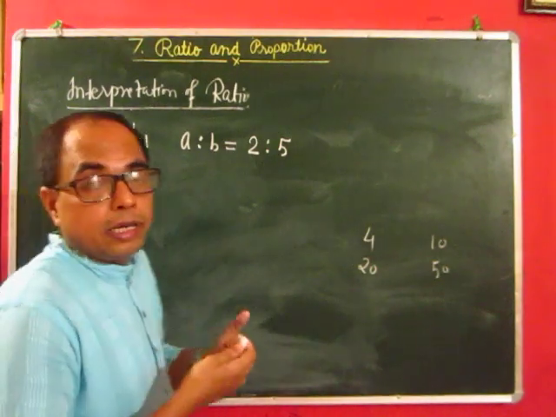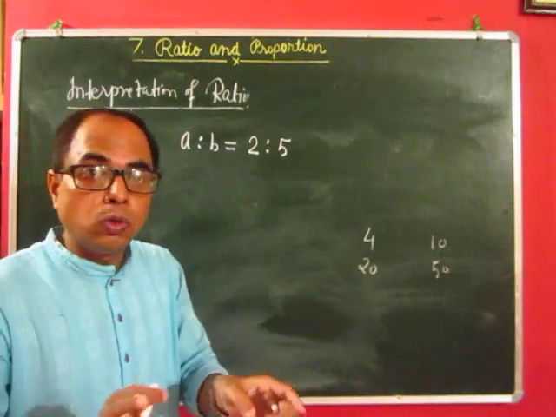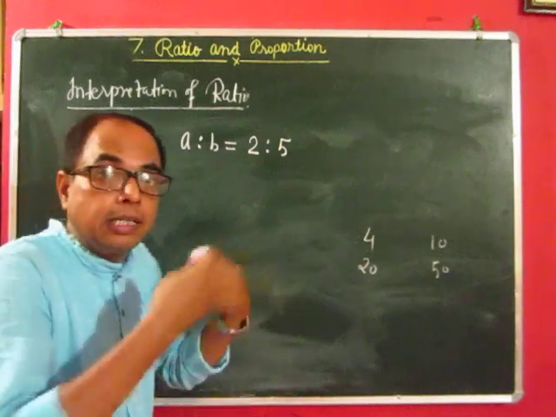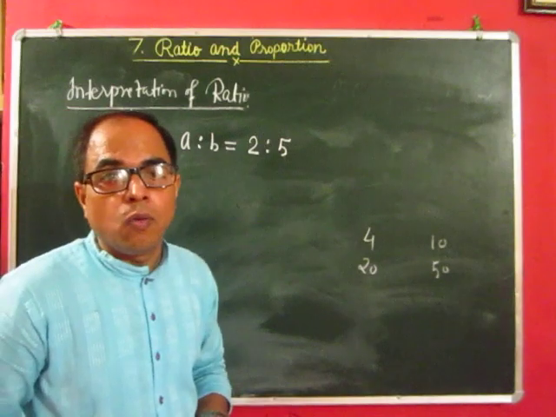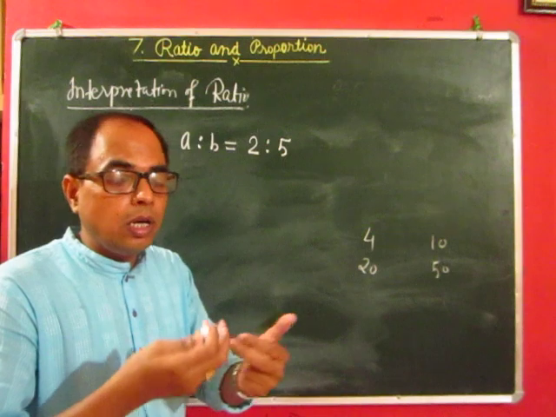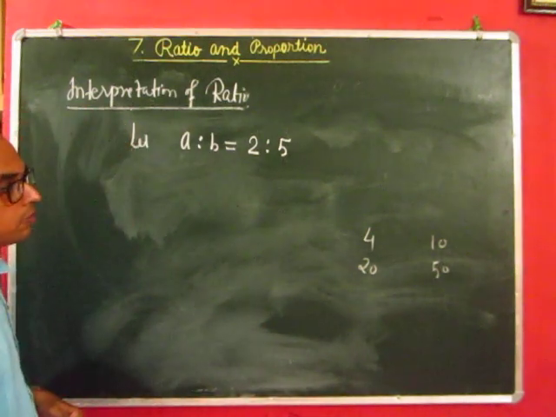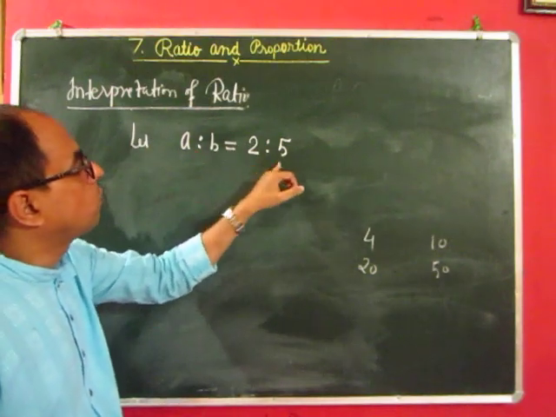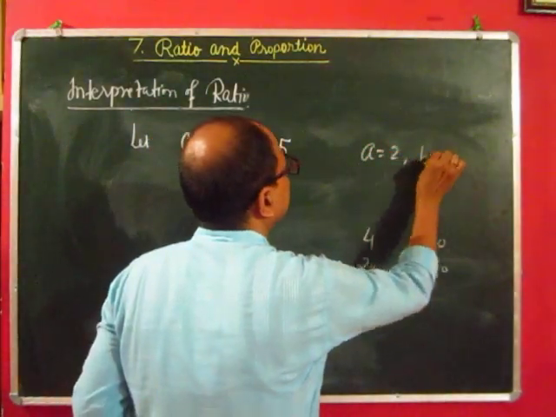So ratio gives the relative values of quantities. It does not give the exact value of quantities. So what is the exact salary of A? We cannot tell. What is the exact salary of B? We cannot tell. We can only tell the relative values. So if it is given that A is to B is equal to 2:5, we cannot write A equal to 2 and B equal to 5.